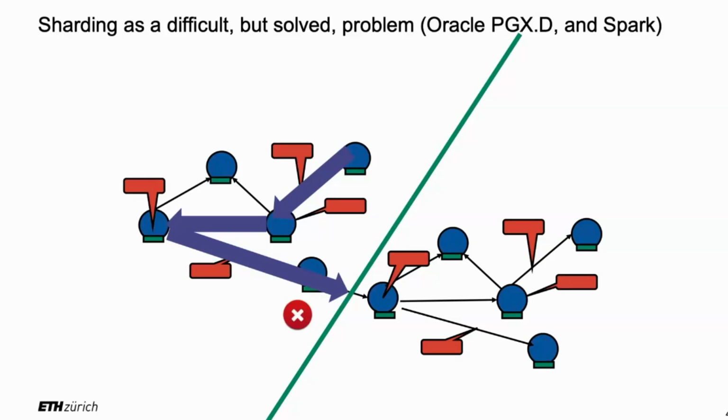So the trick here is that you partition the data similar to how we did it for tables or trees. You spread it all over the cluster. But the difficulty for graph databases is that you need to be able to efficiently traverse paths in the graph. So when you shard, you don't shard in a way that doesn't overlap.